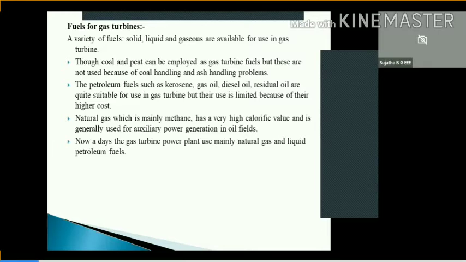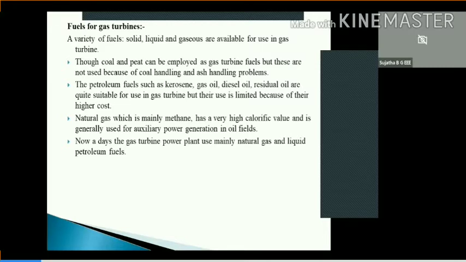So the other fuels which can be used are the petroleum fuels such as kerosene, gas oil, diesel oil, and residual oil, which are also used in gas turbines, but their use is limited because of their higher cost. You know that the cost of these liquid fuels is high, so their use is limited. Natural gas is commonly used, which is mainly methane and has a high calorific value.